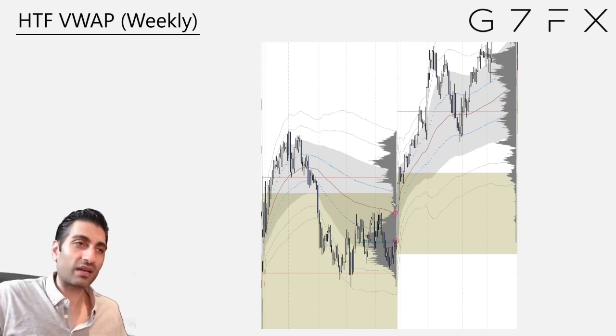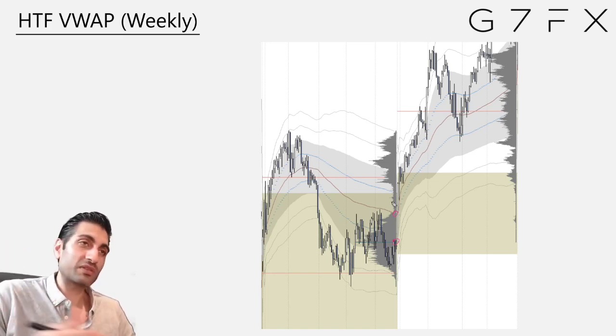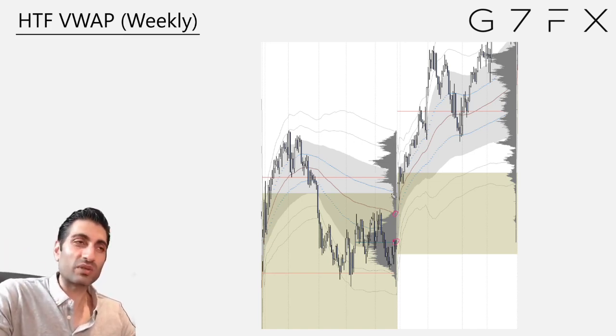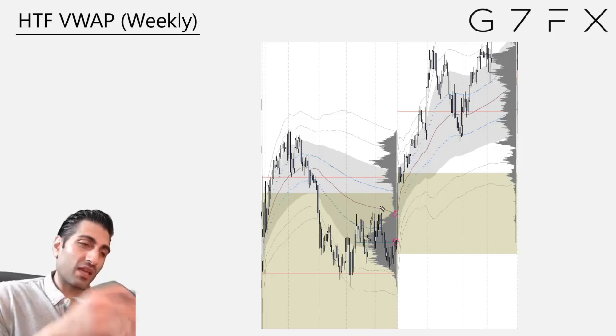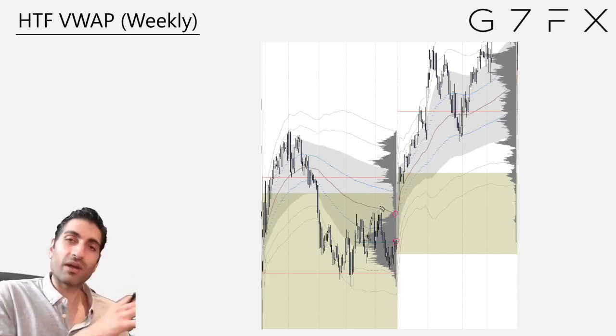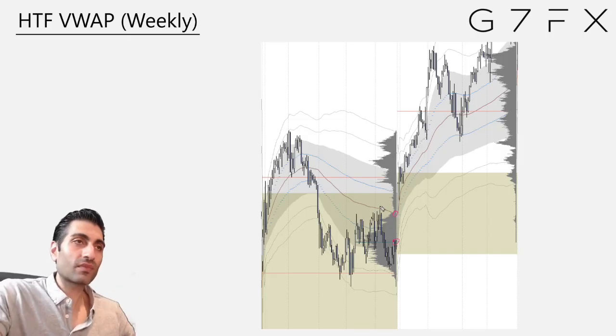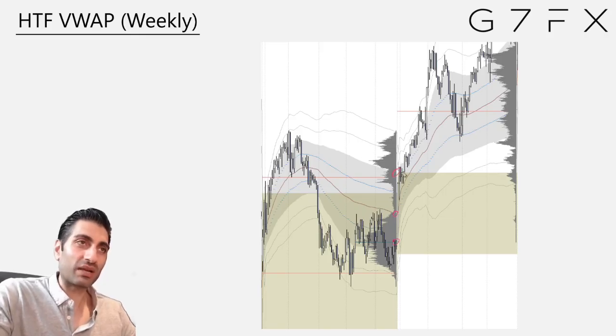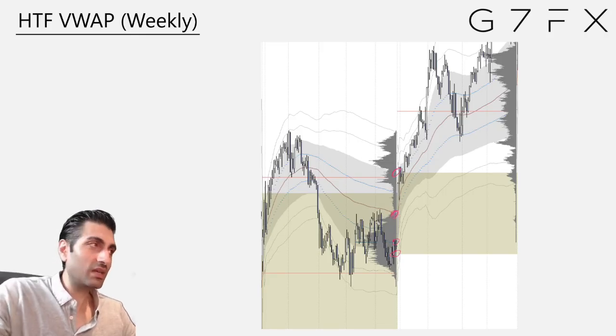That's why I look at that, and I believe, in my experience anyway, pretty much all institutions, when they're looking at prior week, prior month, prior year, are looking at these bands, okay? The standard deviation bands here, purely because the spread is worked out based on the VWAP, okay?